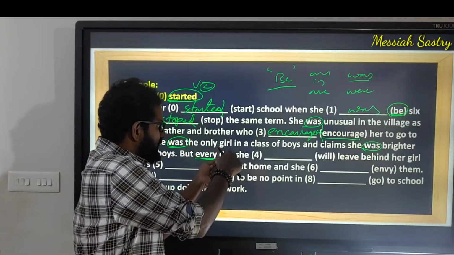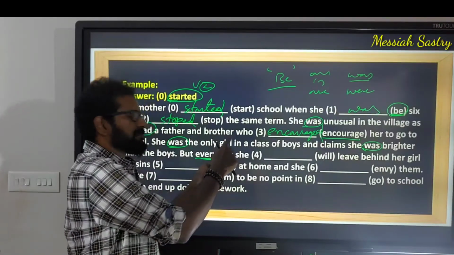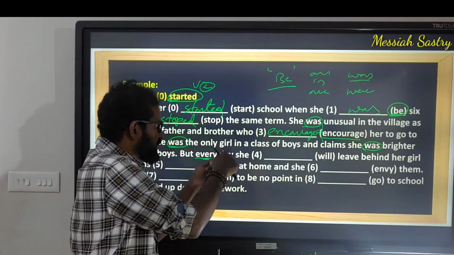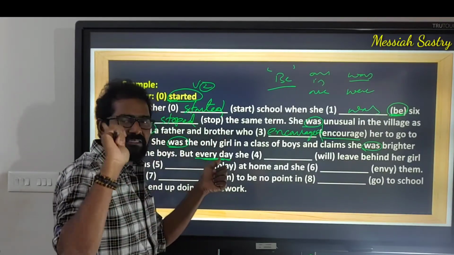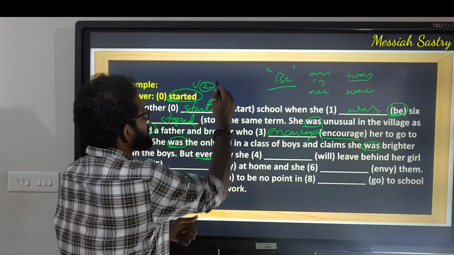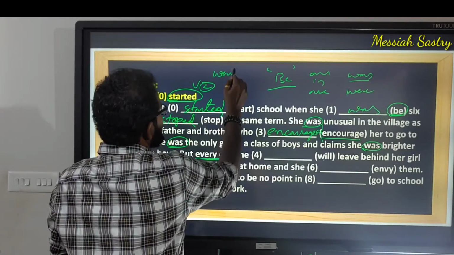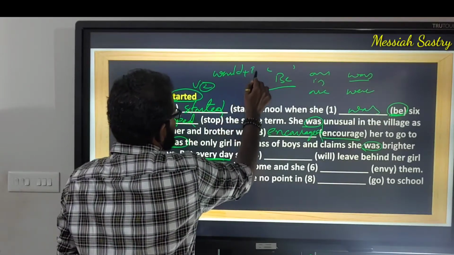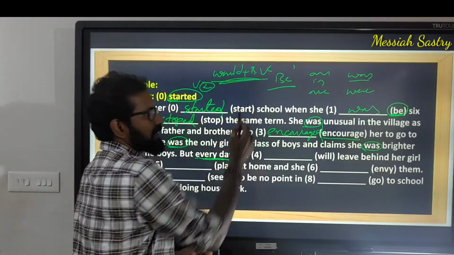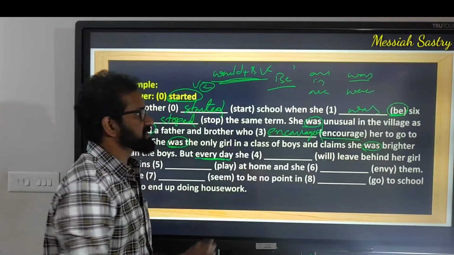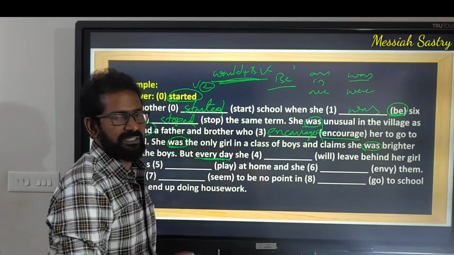But we are talking about the habitual actions of the past. So when you talk about past habitual actions, we are supposed to use would plus the base form of the verb.